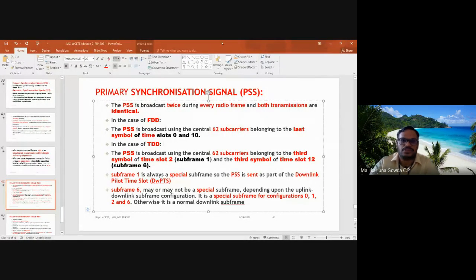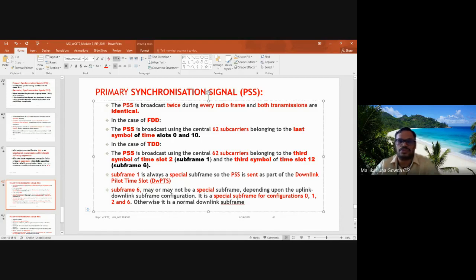That is why subframe 1 is always a special subframe, so that the PSS is sent as part of the downlink pilot time slot. That is in case of TDD. As I said, there is a special subframe, right? And subframe 6 may or may not be a special subframe. That depends on the uplink or downlink subframe configuration.